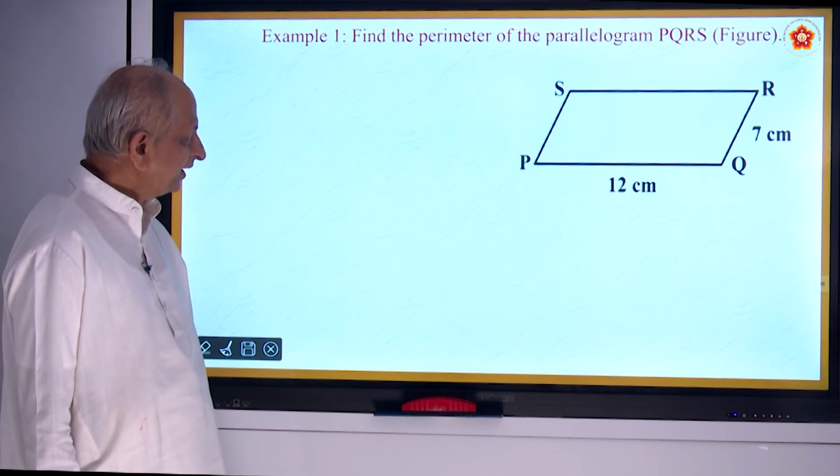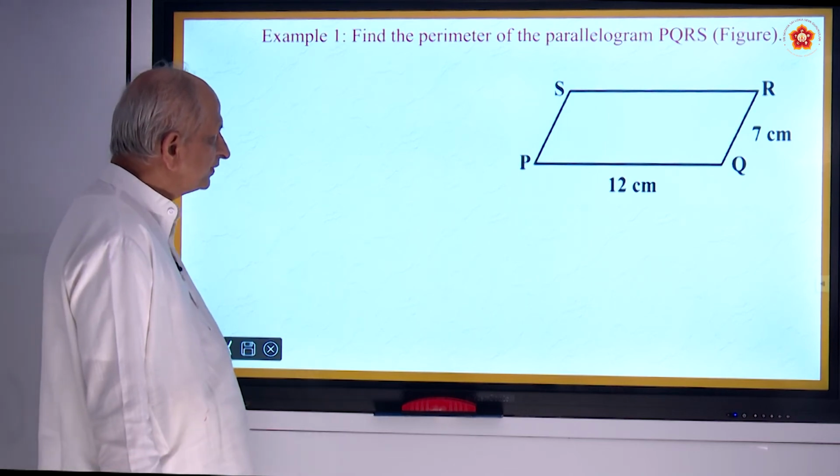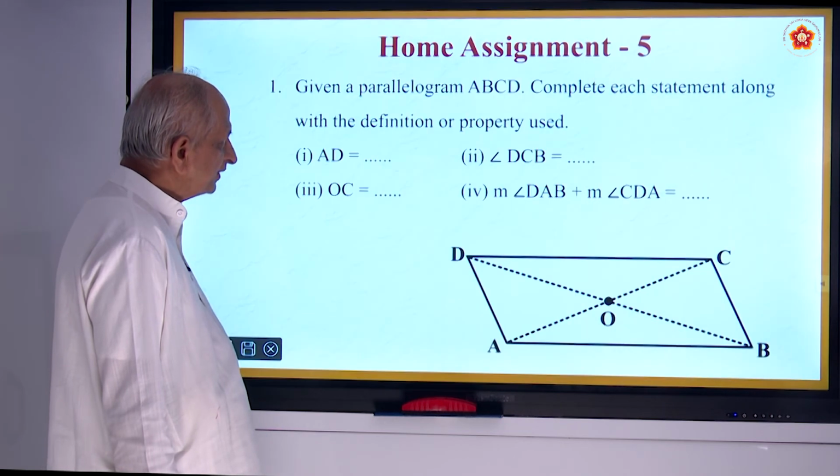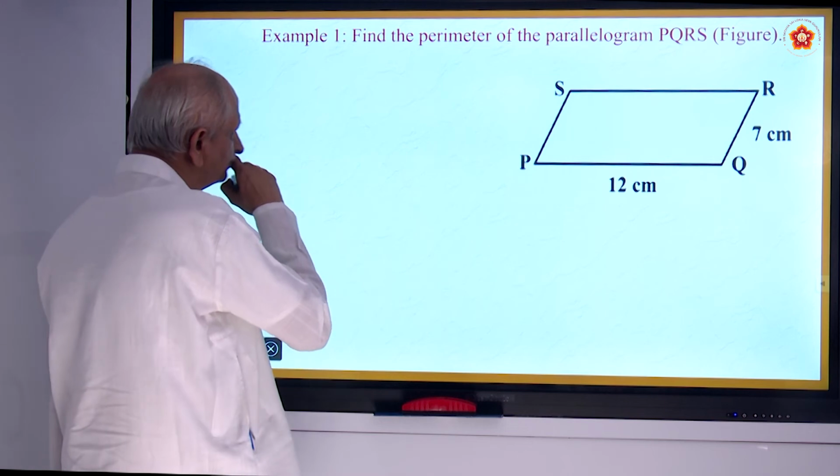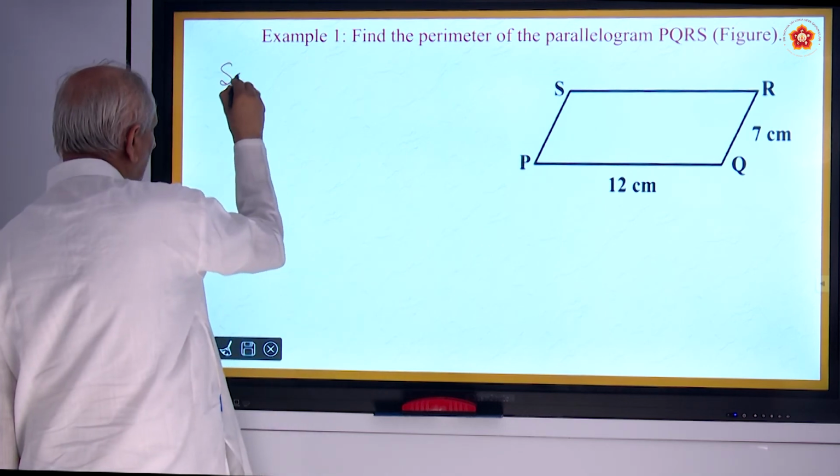Find the perimeter of the parallelogram PQRS. So, you are not given any other sides. So, how to do it? Solution, note down.